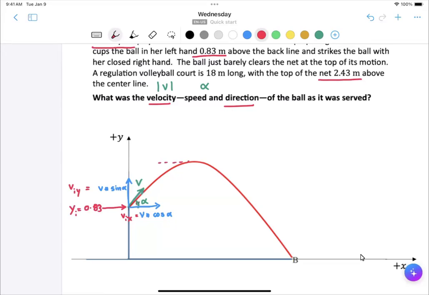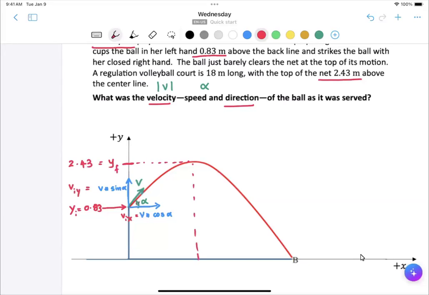The object is going to do a delta y change in y distance. This is y final, that is equal to 2.43 meters.